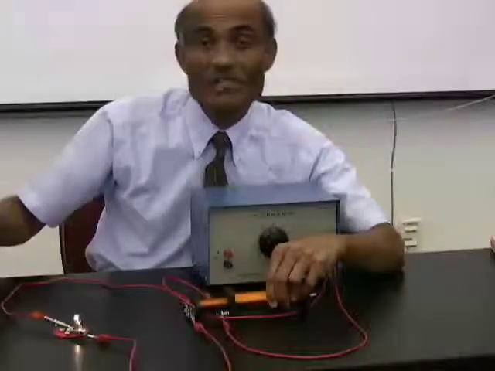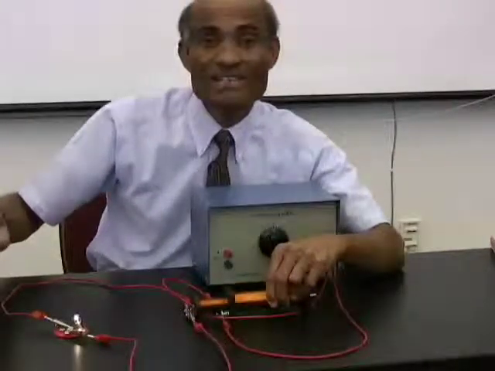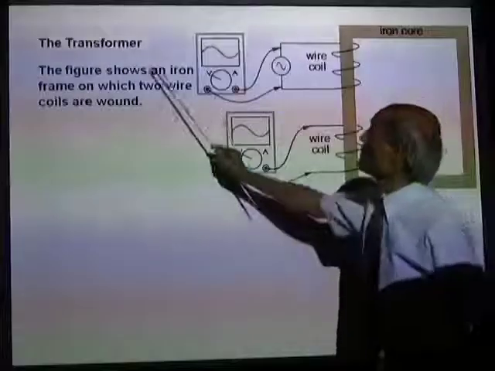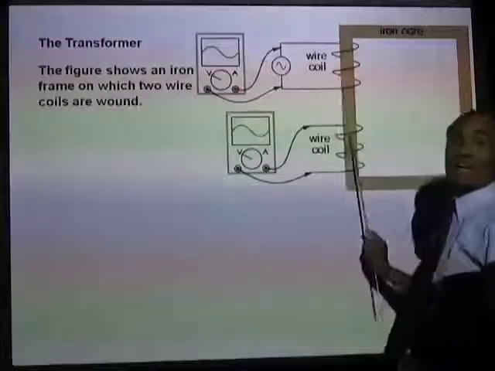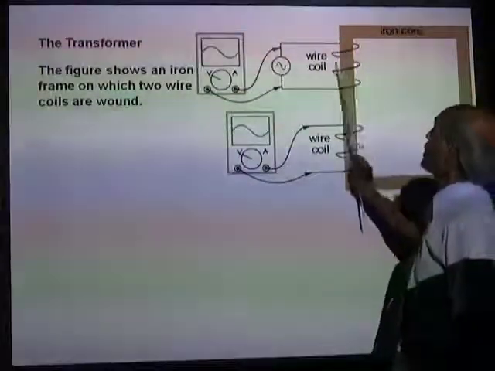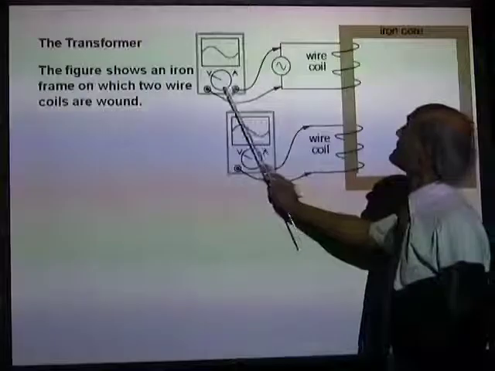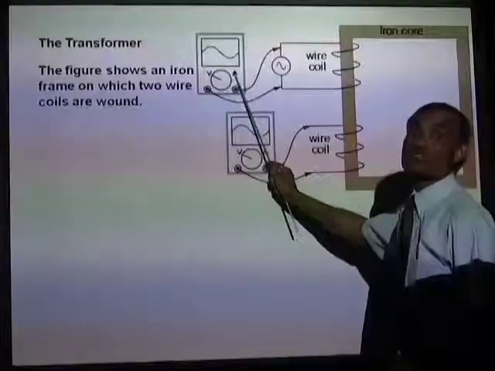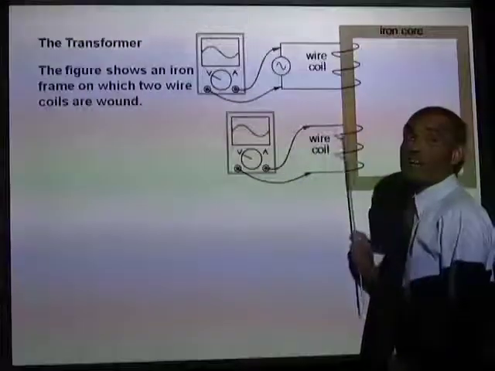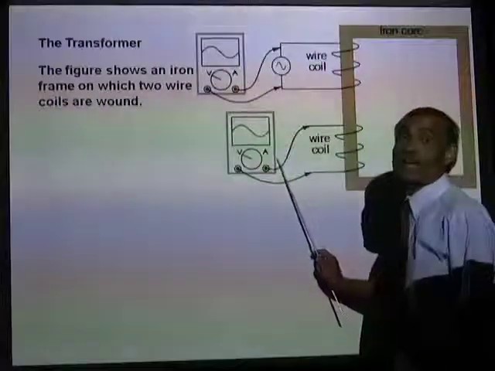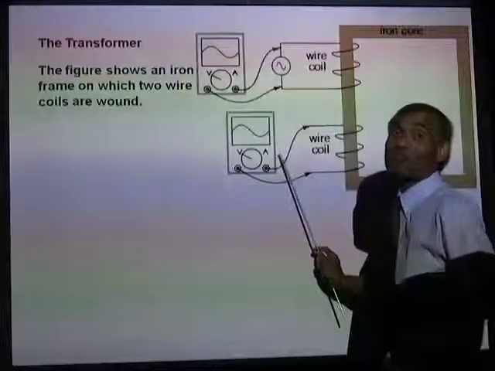So we will quickly talk about that before we close the lesson today. So the transformer consists of an iron core on which one coil of wire is connected to an AC source, and another coil of wire can be connected to a bulb or a galvanometer.